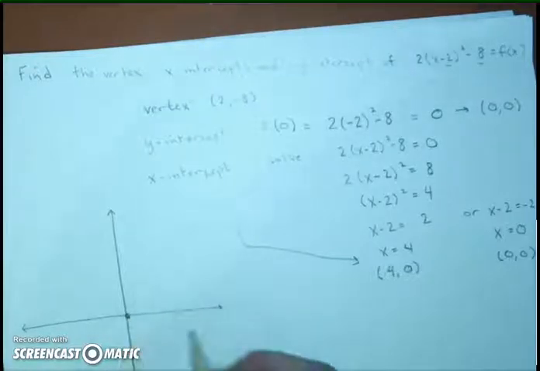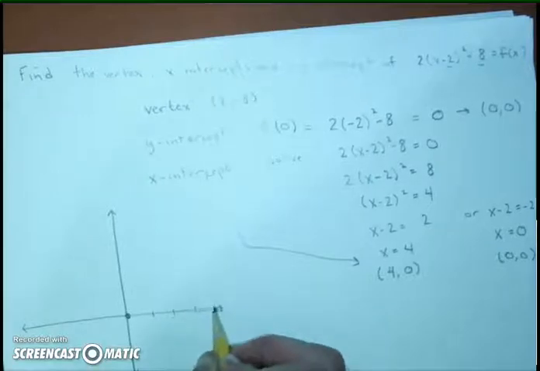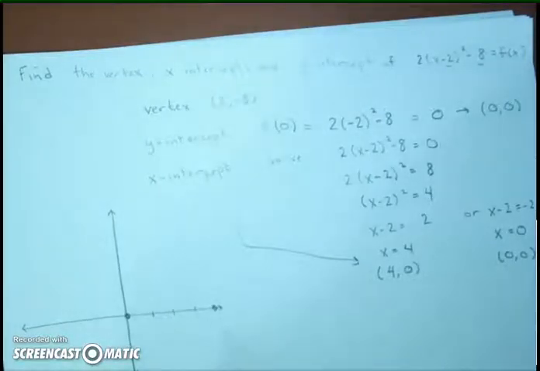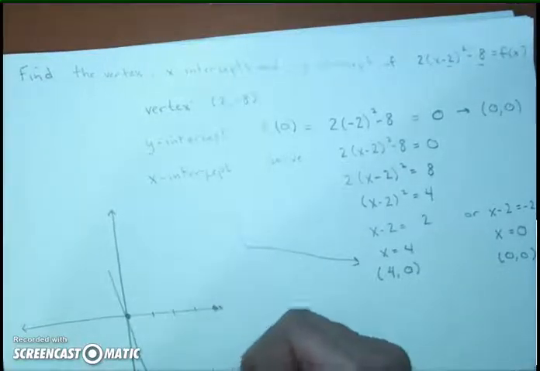Here's 0, 0, the x-intercept. 1, 2, 3, 4. Here's 4, 0, the other x-intercept. And 2, negative 8 is going to be way down here for our vertex. And you just connect them up.